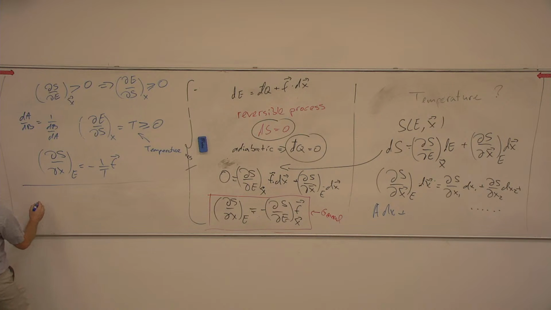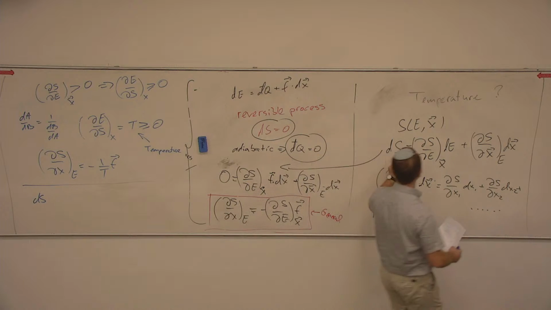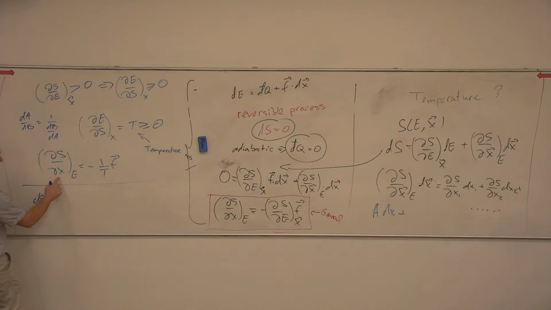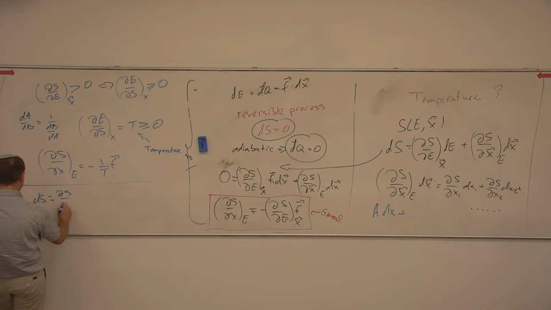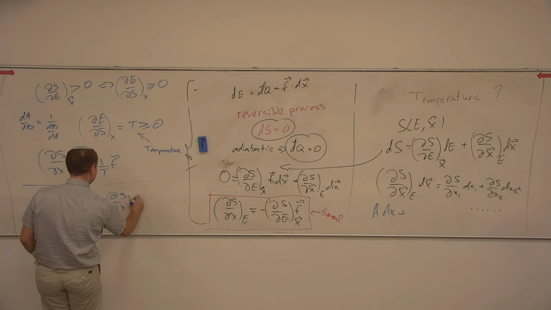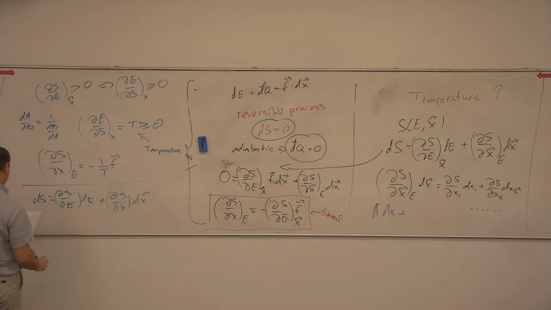Let's go back to our starting point, the entropy. Because this is very general, ds equals ds over dE dE plus ds over dx dx.